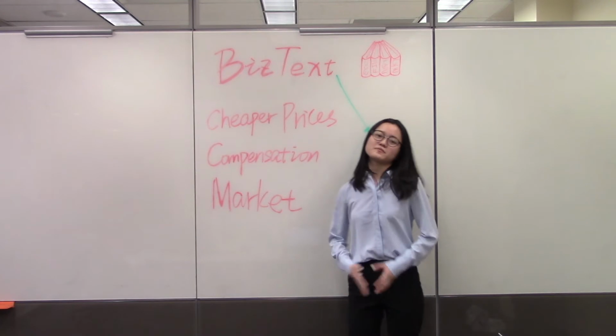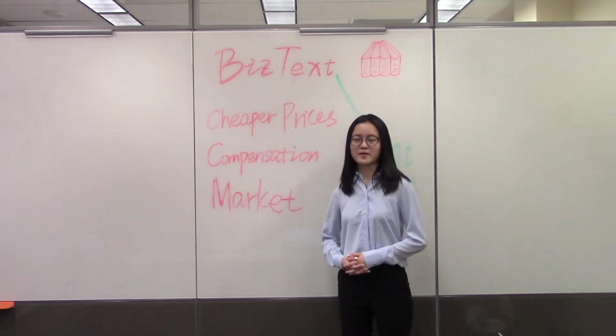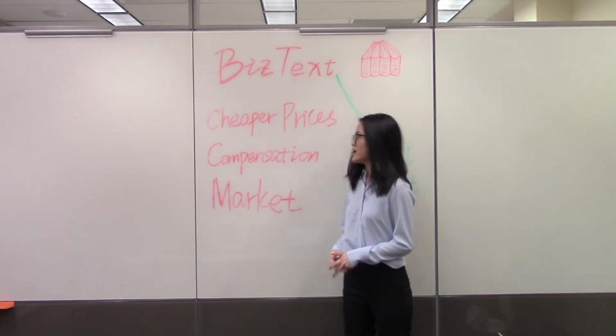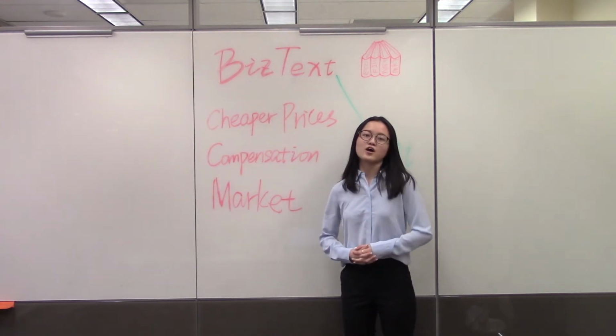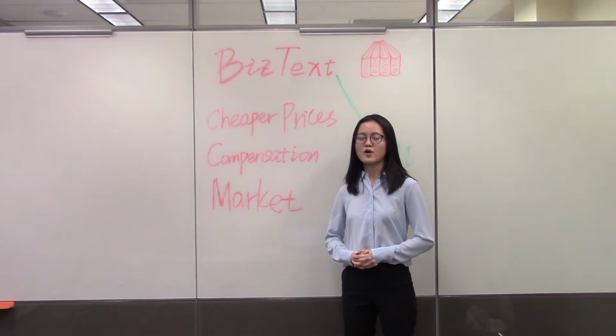By offering cheaper prices, we demonstrate our low-cost focus strategy as our competitive positioning as well as our key differentiator. As for our compensation, according to our interviews, about 10% profit from transactions should be compensated, which we thought was a fair percentage.